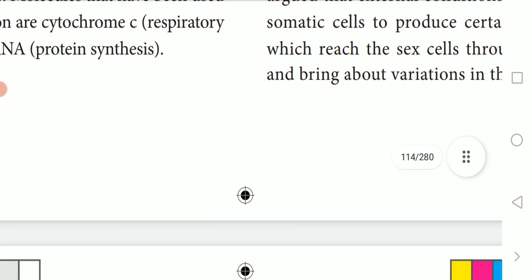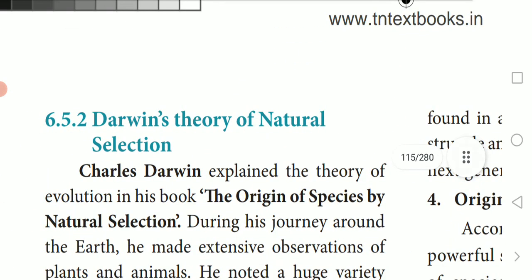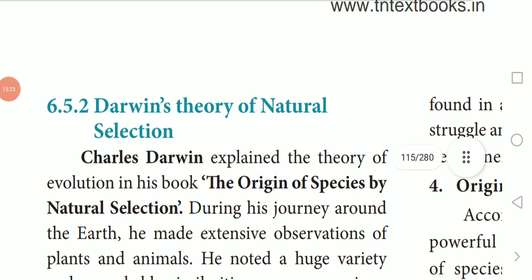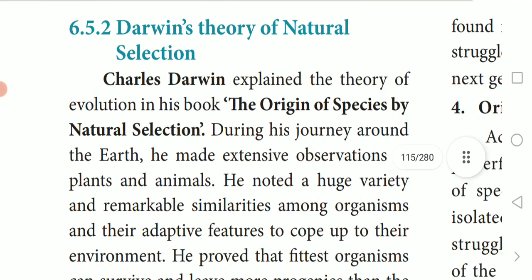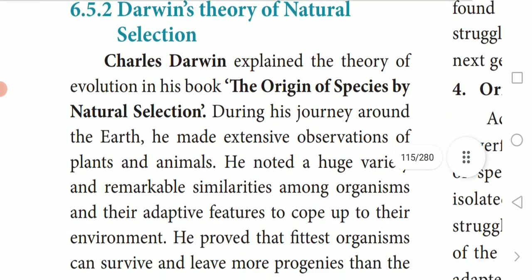These external conditions stimulate the somatic cells to produce certain secretions which reach the sex cells through the blood and bring about variations in the offspring.